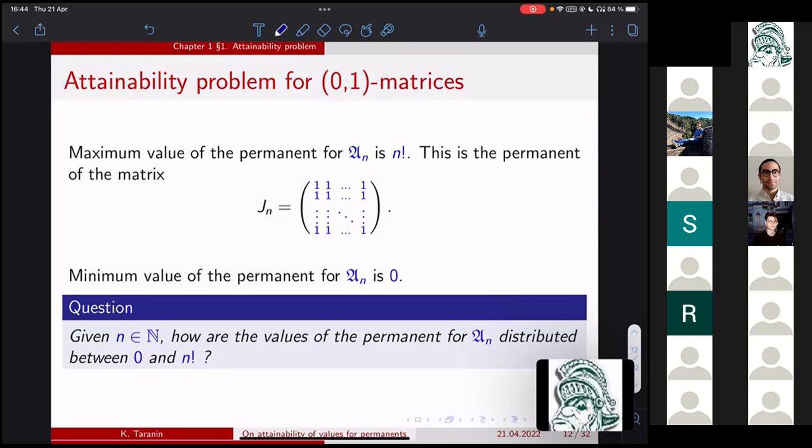Okay, it's too simple. And for -1,1 matrices, if you add negativity, it's not that simple.